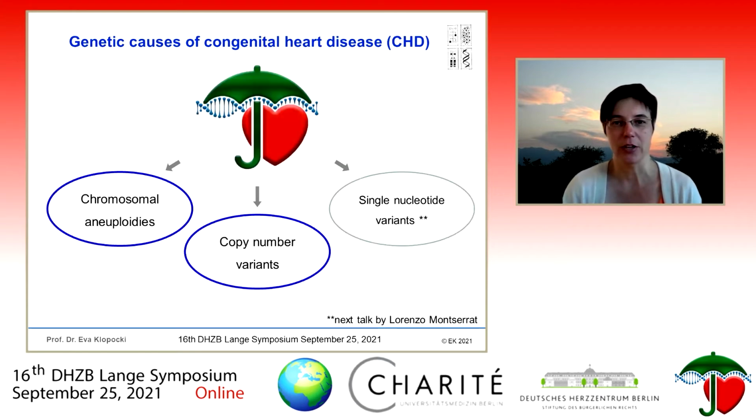To start off, I want to point out that in the past decades, we have got more knowledge about genetic causes of CHD, and these are chromosomal aneuploidies, copy number variants, and recently also more single nucleotide variants. I will talk about the first two, and the next talk by Lorenzo Monserrat, I think he will focus on NGS data and the single nucleotide variants.